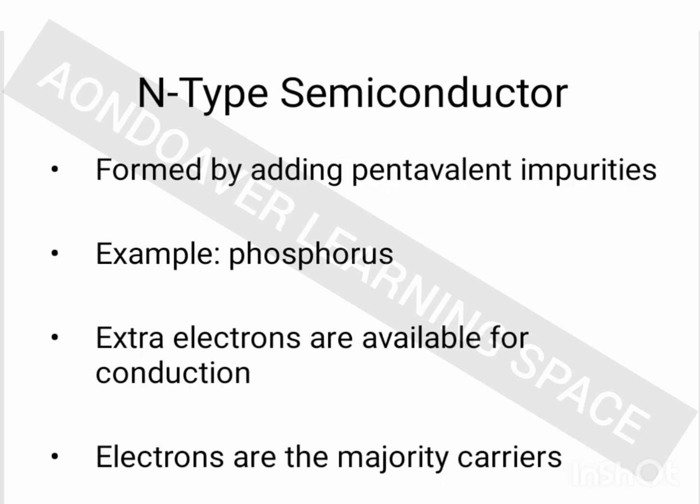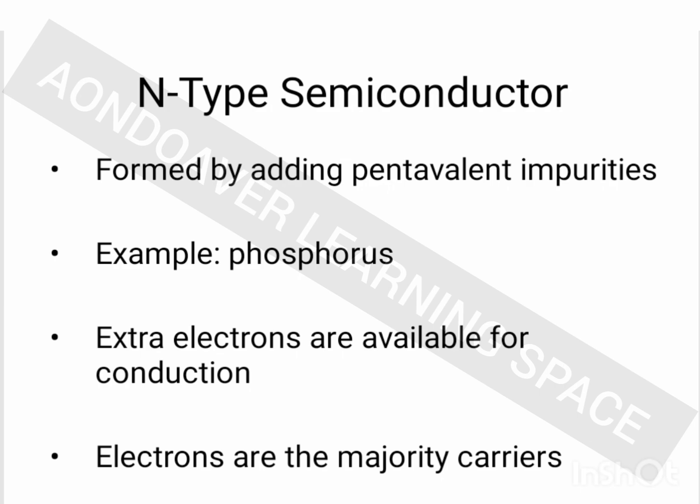So 4 out of those 5 electrons will pair up with the 4 electrons at the outermost shell of the semiconductor to form the bond. So you discover that one electron will be left from this pentavalent impurity. That one electron that is left is what will now carry the charge round the material, that is after doping.